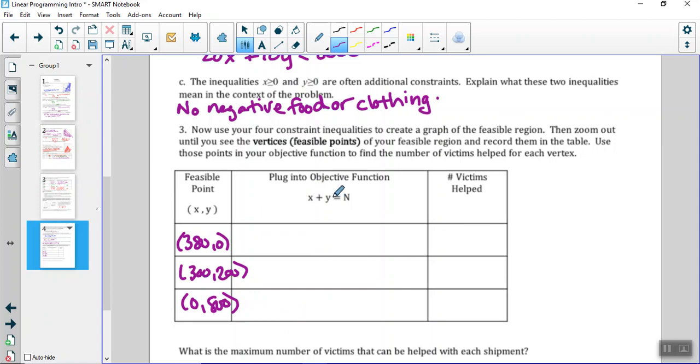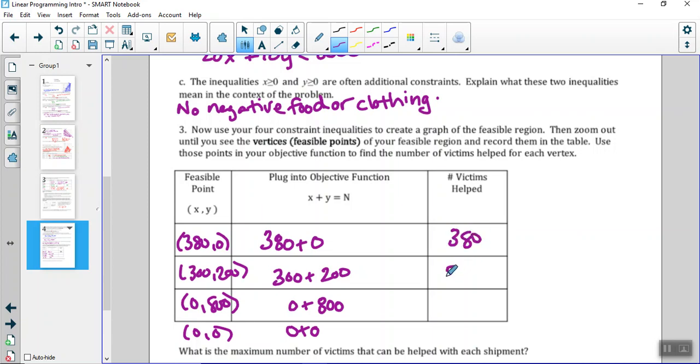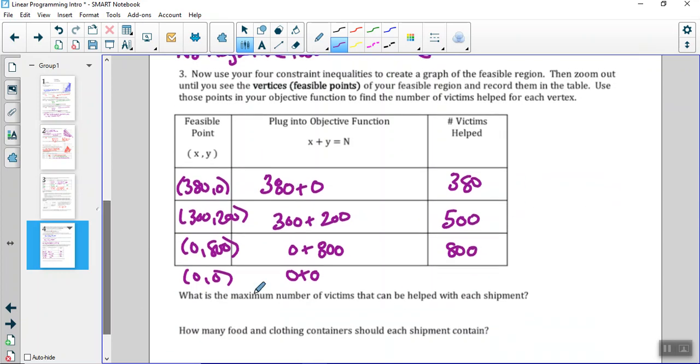Okay. So x plus y is going to equal n, so I have 380 plus 0. I have 300 plus 200, and I have 0 plus 800. Alright, and remember the other one was going to be 0, 0, which was 0 plus 0. So this one helped 380 victims, 500 victims, and this one here helped 800 victims. So the maximum number of victims that could be helped would be 800. And that would be 0 for x and 800 for y.